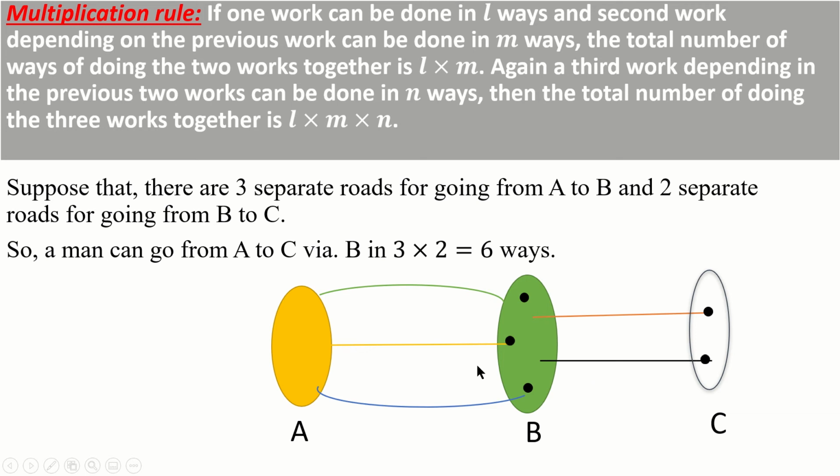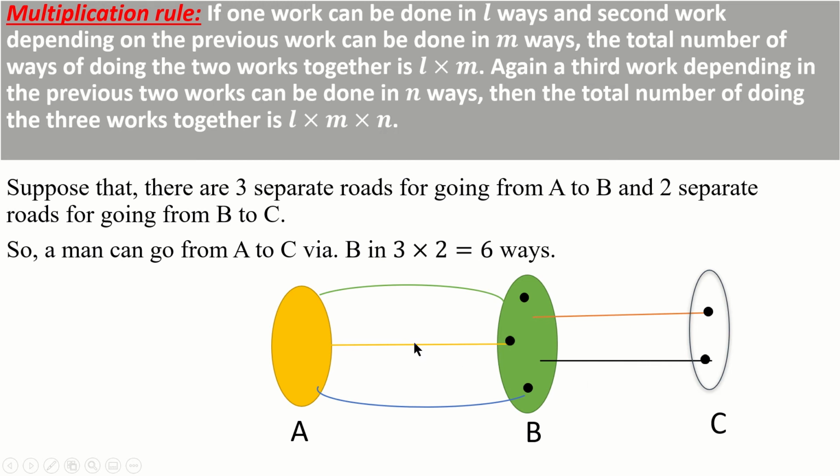Okay, that means the man can go from A to B in 3 ways and from B to C in 2 ways. For the first path, he can go from B to C in 2 ways, that means this or this way.